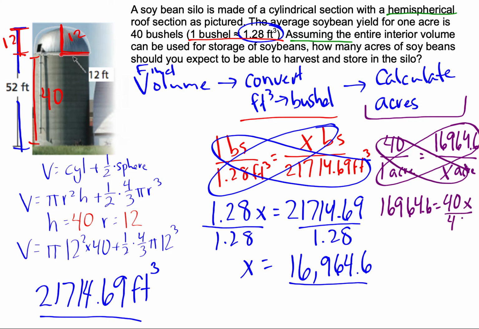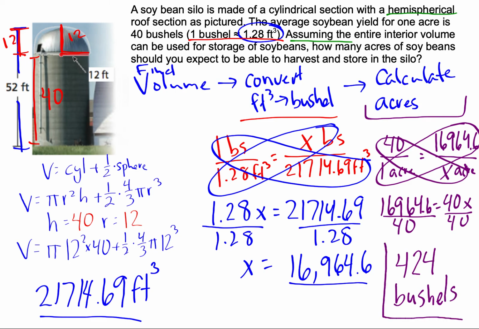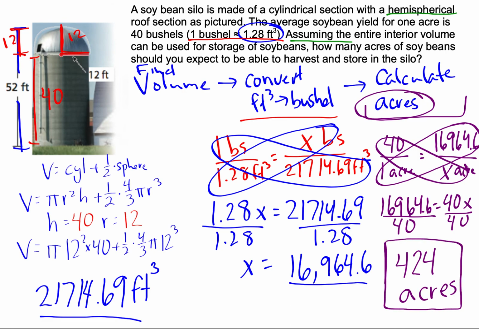I'm going to go ahead and divide both sides by 40. I'm going to round this to the nearest full number. I get 424. Not bushels, it's not bushels. If I look back at what I was figuring, I'm trying to figure out the number of acres. So that's 424 acres of soybean fields that could be harvested into this grain silo.